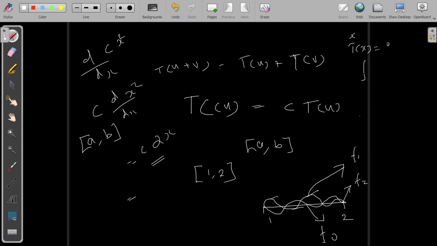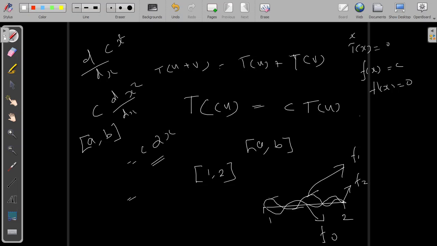So f of x equals a constant c, f dash x equals 0. That means f dash x equals 0, slope is 0, the set of all functions such that its slope is 0.